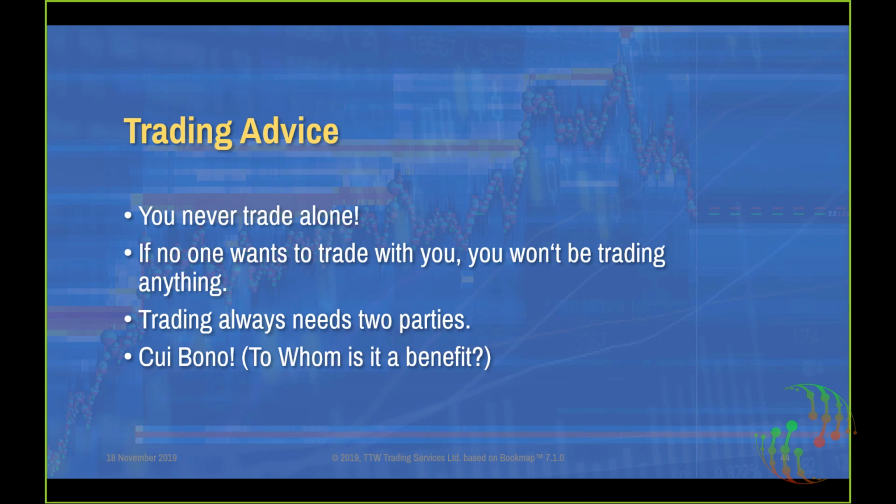Do I have followers, as Bart said, who support my move or not? Yes, because trading always needs two parties, that's obvious. We have to understand that we must be better than the average retail trader. And I'm sure we will be when we understand the limit order book and Bookmap a little bit better.